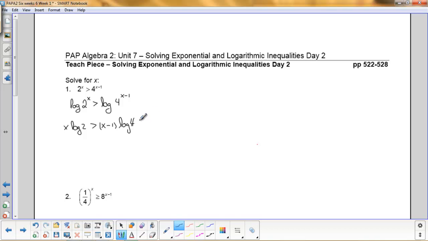Next thing I'm going to do is move my logs to the same side. And then I'm going to rewrite this so it shows more appropriately what's going on.